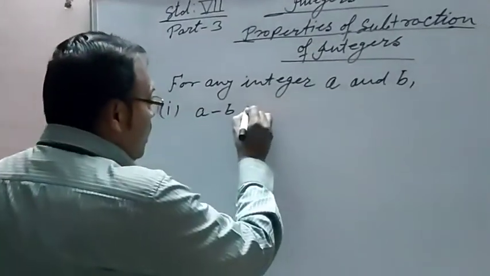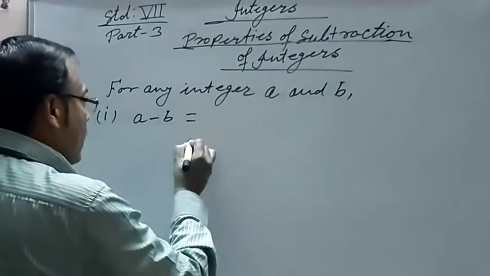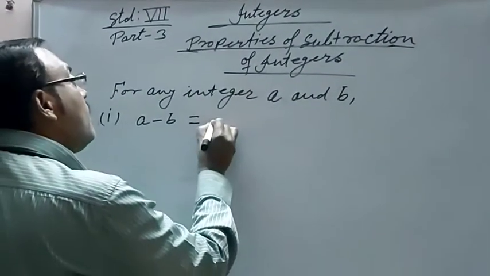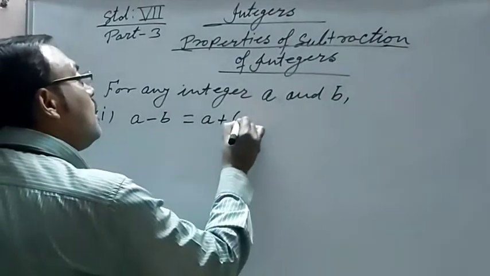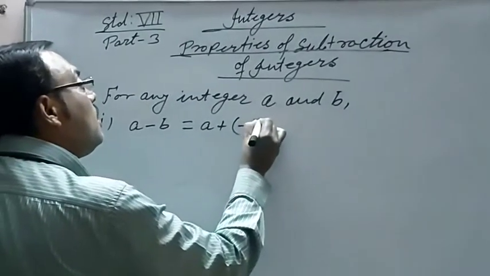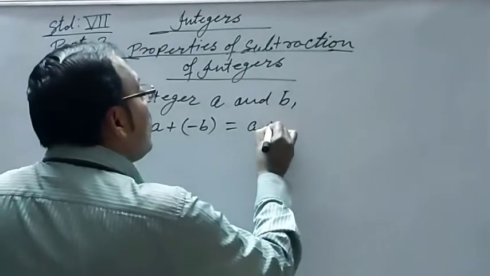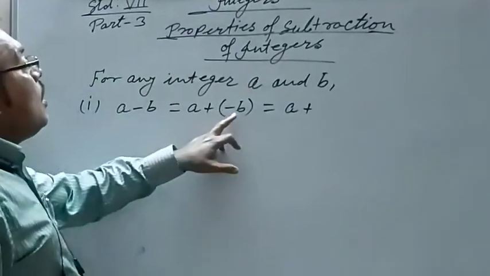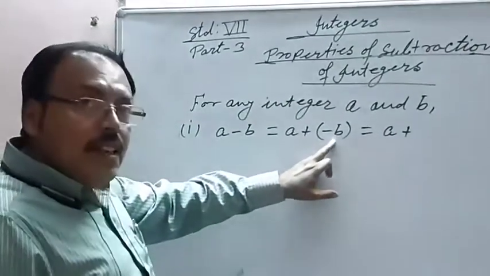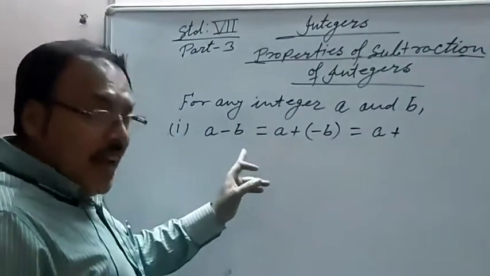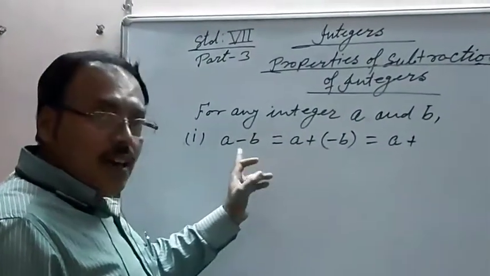A minus B, we can write as A plus minus B. Now, minus B is the additive inverse of B, as we have learnt in the earlier class.